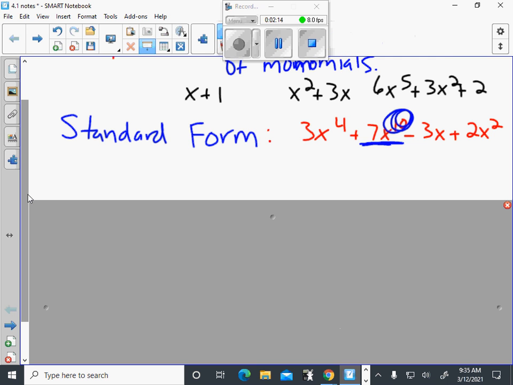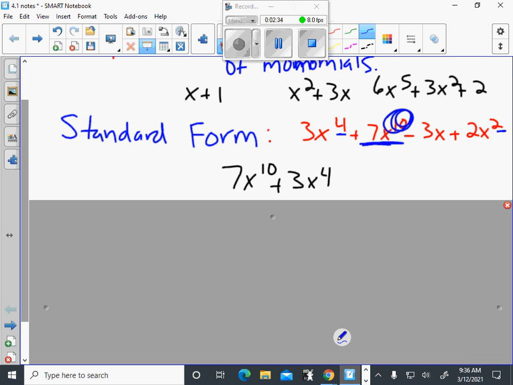So our standard form for that function would be 7x to the 10th, followed by our next highest, which is 4, so plus 3x to the 4th, followed by our next highest, 2x squared, followed by our last, which is negative 3x.